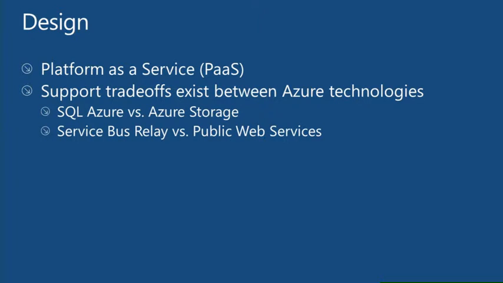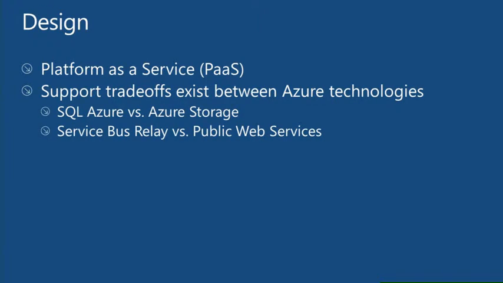Another one is, how do you talk back to an on-premise system? So if you're looking at a hybrid app, a lot of the apps that we do inside of Microsoft are hybrid apps. There's multiple technologies that you can use to do that. Two of the production ones: you can have a public web service that's just exposed and have your Azure deployments talk down to that, or you can use the service bus relay functionality.